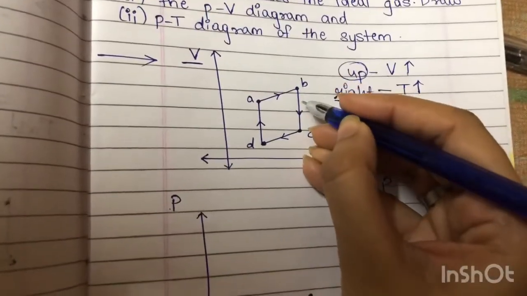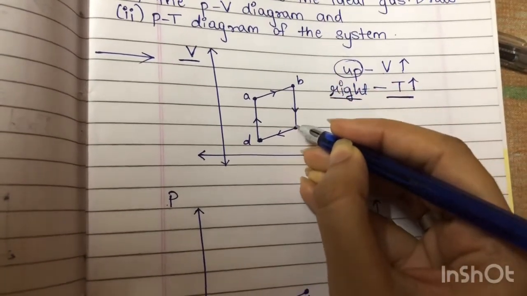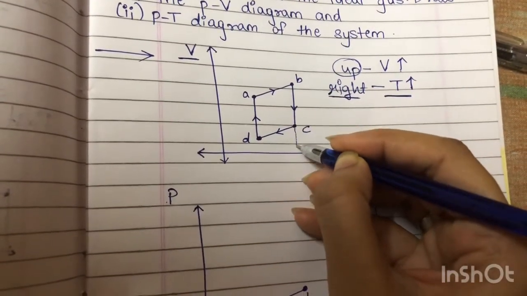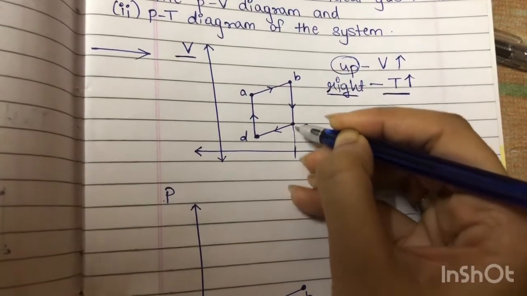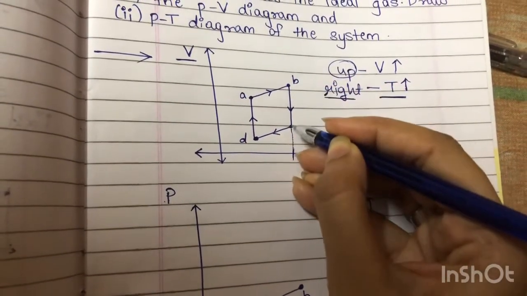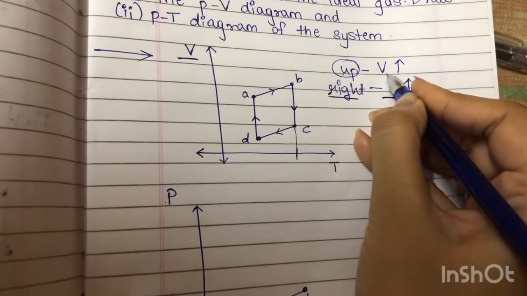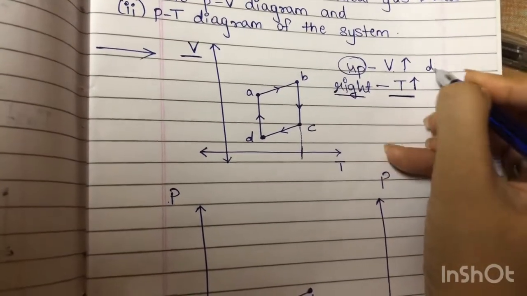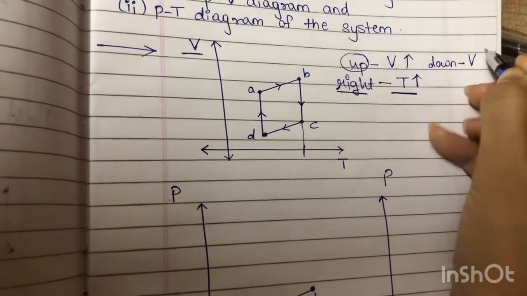See, while noticing B to C, the graph is a straight line, meaning there is no change in the temperature, but it is coming downward. Up means volume is increasing, and down means volume is decreasing.